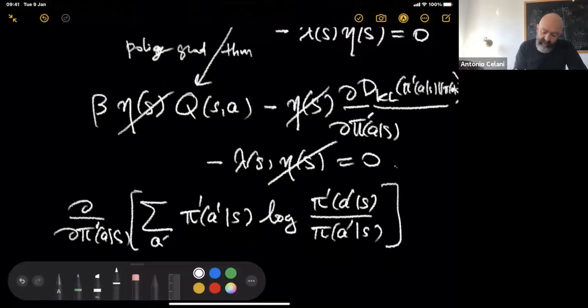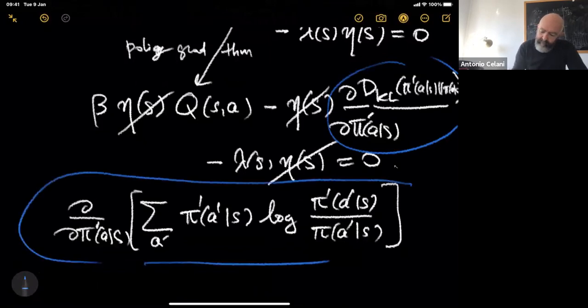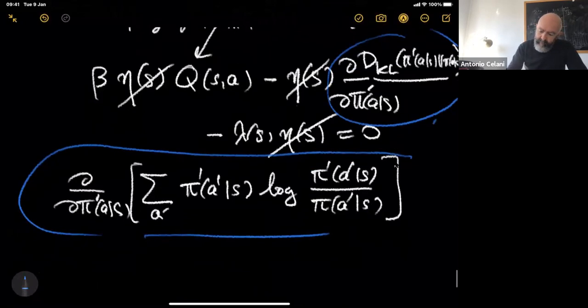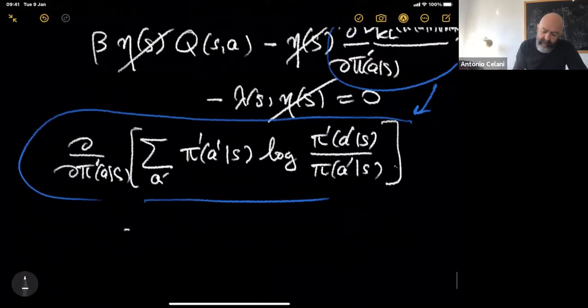So this is the term that we are considering here. Now this is easy because I have just to derive this object, and it's a straightforward calculation.